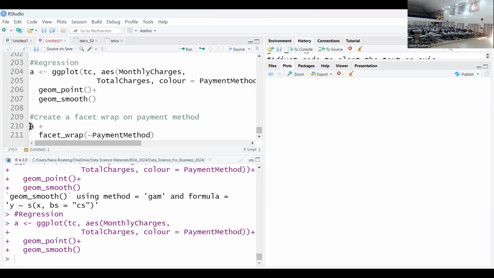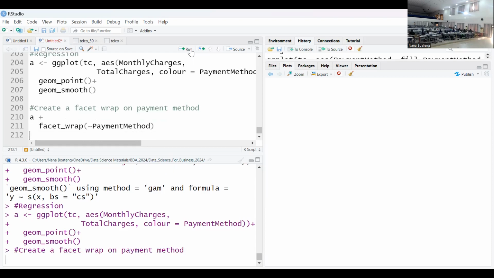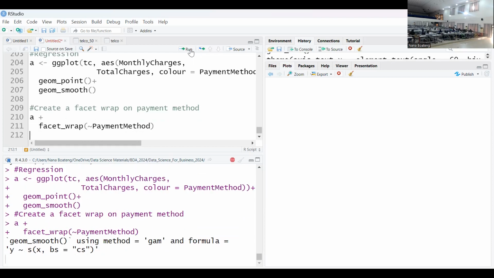Okay, so when you run it, it should give us the visualizations based upon the payment method.